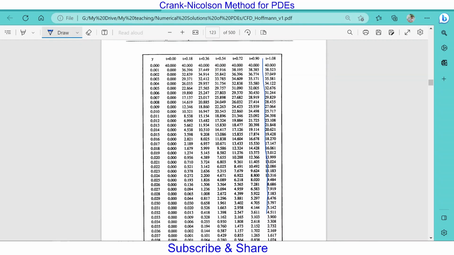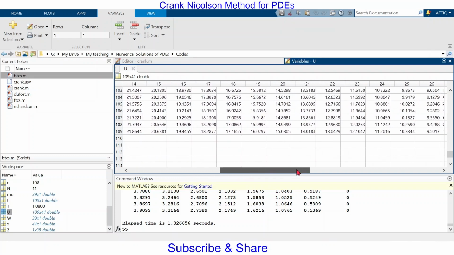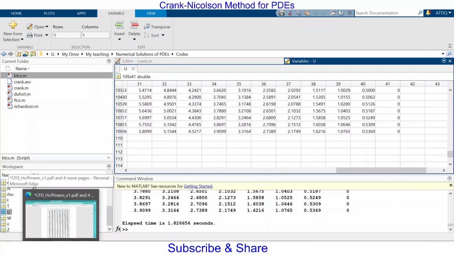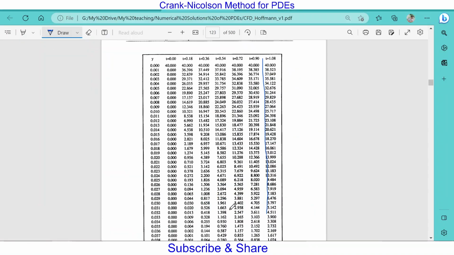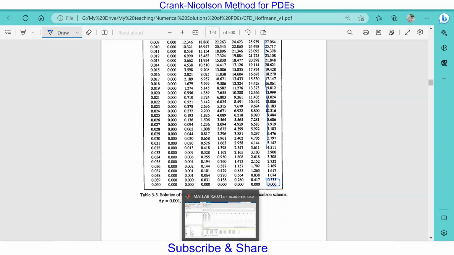Let's match some values here. 40, 38.523, 40, 38.523, and then last values will be 0, 0.5369, 0.53. So he gave the result up to 3 decimal places, but we have the results up to 4 decimal places.